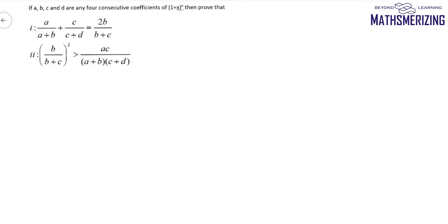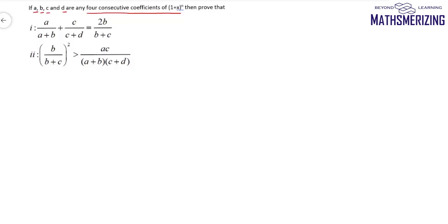Now here the question is, if a, b, c and d are any 4 consecutive coefficients of (1 + x)^n, then we need to prove that a/(a+b) + c/(c+d) = 2b/(b+c).